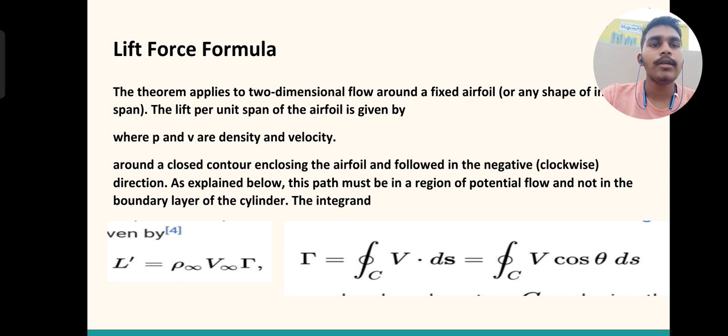This path must be in a region of potential flow and not in the boundary layer of the cylinder.